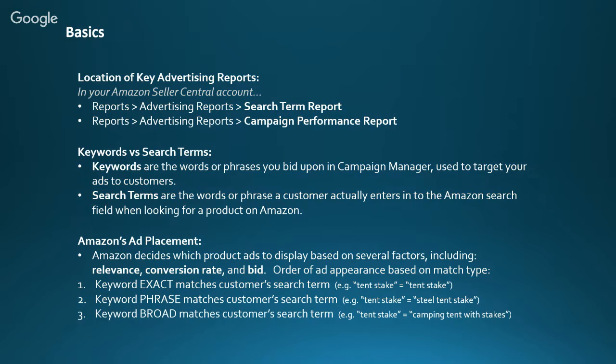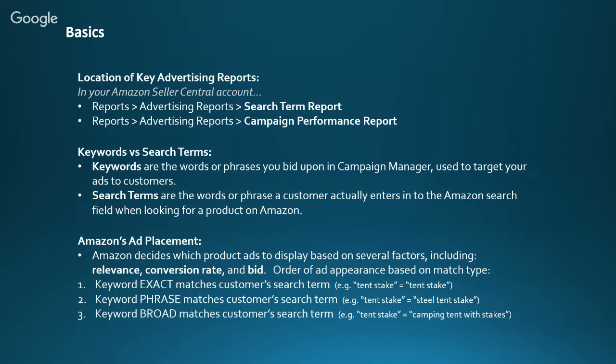We have a high likelihood of our ad being shown because we're bidding on tent stake, even if the customer is searching for something like "steel stake with tent." In Amazon's algorithm, they'll basically ignore connector words like with, of, or for, and they'll still consider it a phrase, even though it seems broken up. It's not quite the same.